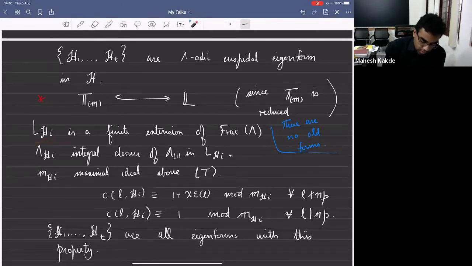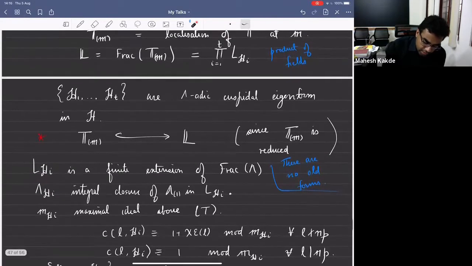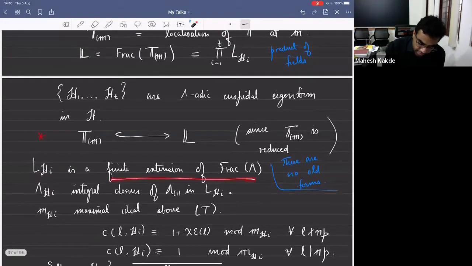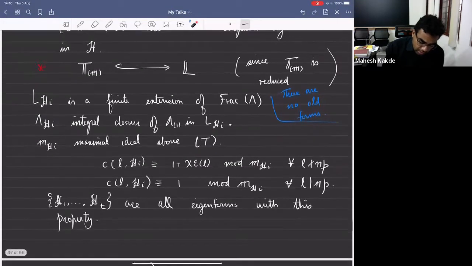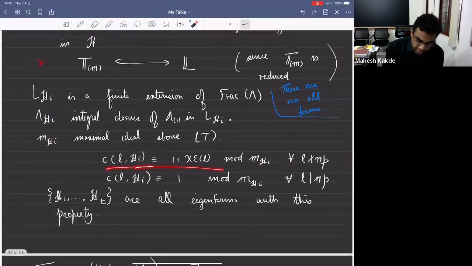So each of the fields in this product is a finite extension of the quotient field of lambda. Lambda is a domain. Remember, I take lambda_{H_i} to be the integral closure of lambda in this, and M_{H_i} denotes the maximal ideal above M. Then these Fourier coefficients have this property just by construction.